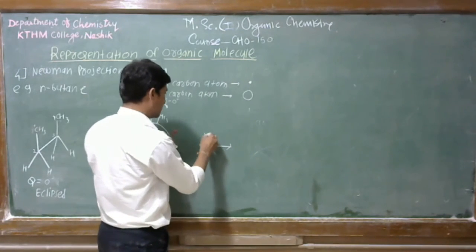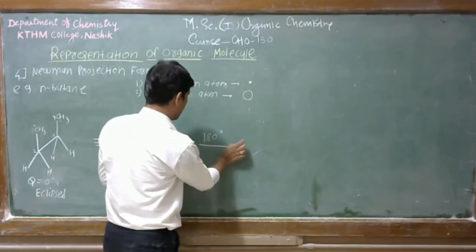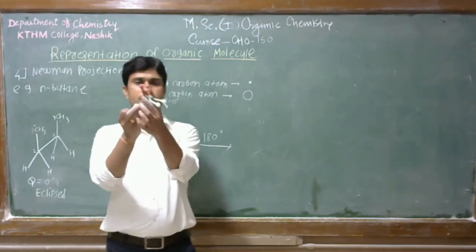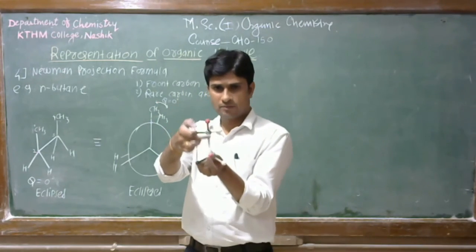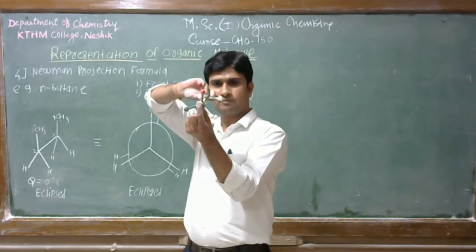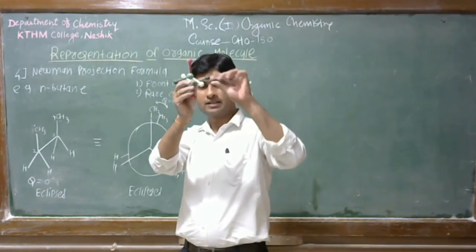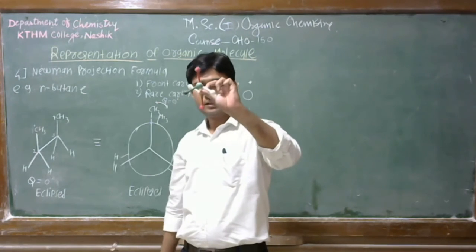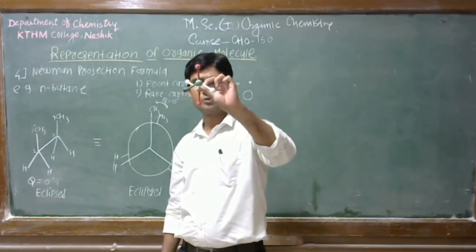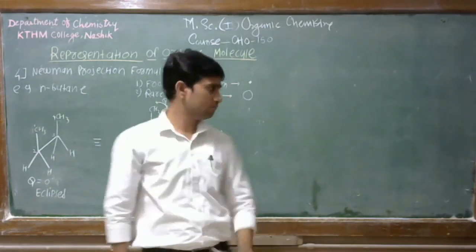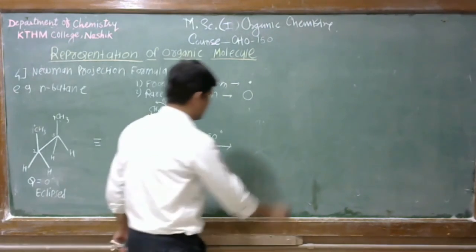When we rotate this carbon-carbon single bond by 180 degree, then you get the staggered structure, which was already discussed by us last time in the Sawhorse projection formula. So we have to rotate this by 180 degree.